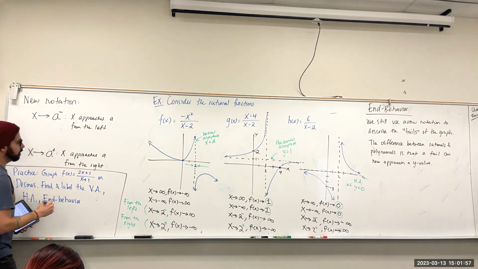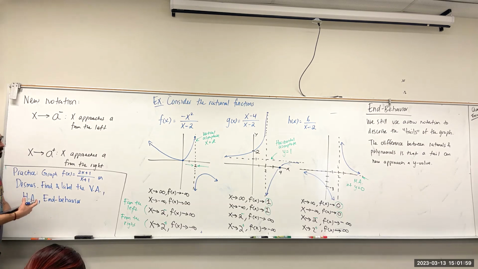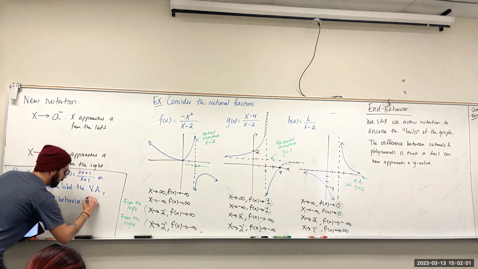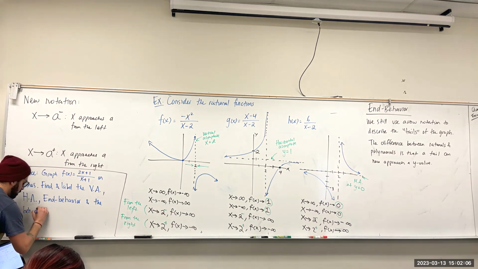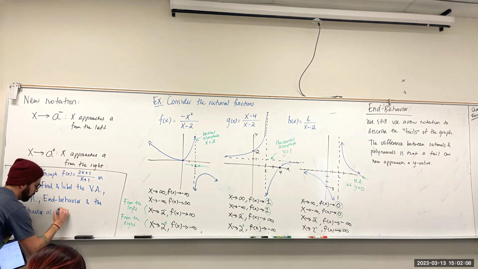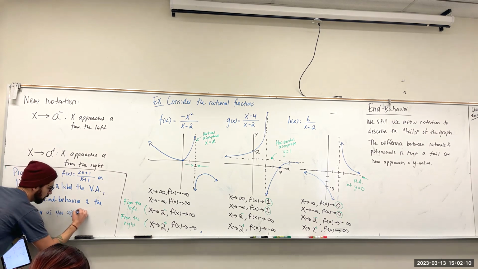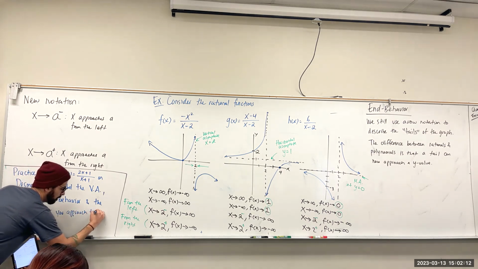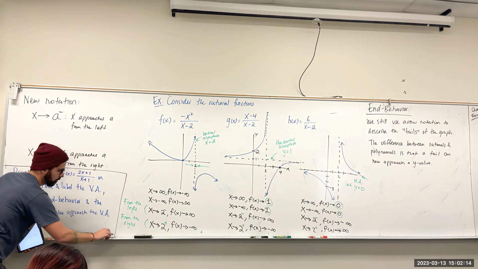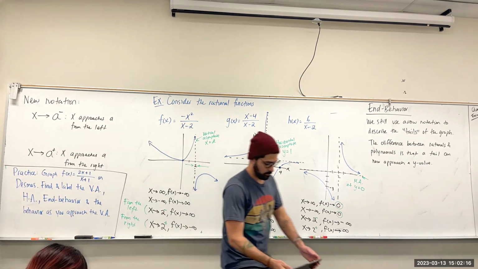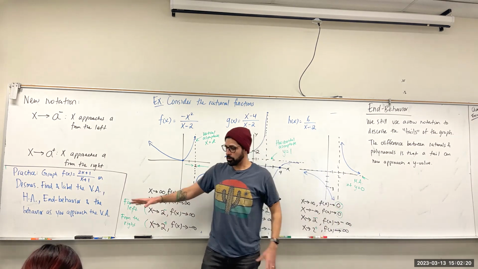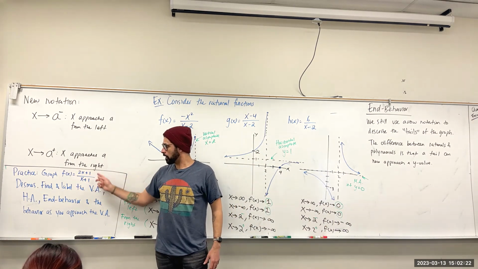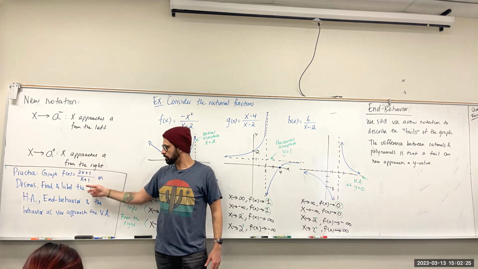Oh, and the behavior as you approach the vertical asymptote with the new notation. So on your notes, use Desmos to help you sketch a graph of this.